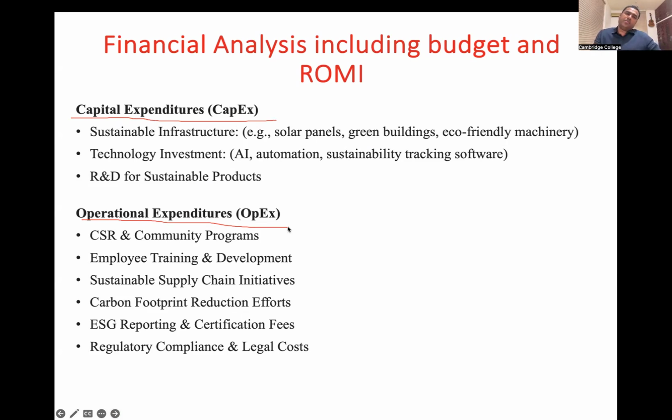So you need to make both forms of investments in sustainability marketing. For example, your capital expenditure investments can be the infrastructure, solar panels, green buildings, eco-friendly machinery. That is all capital expenditure. So in the balance sheet, you have capital expenditure investments.